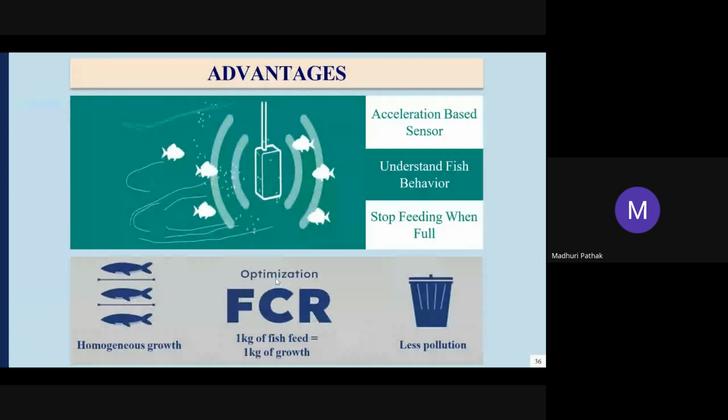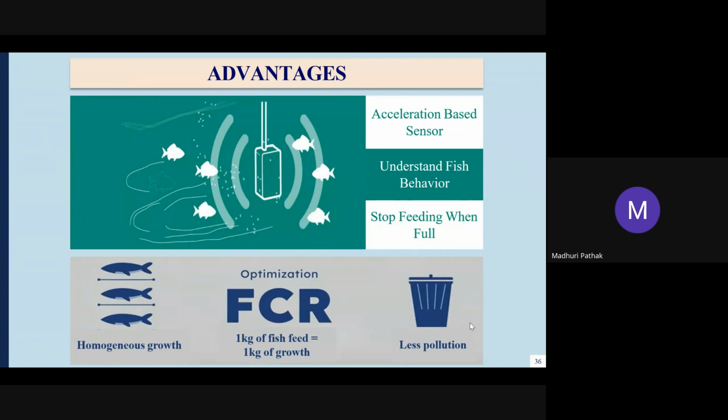So what are the advantages? Acceleration based sensor, understand fish behavior, stop feeding when they are full, homogeneous growth, optimization of the FCR, as I told, and less pollution, because feed is 20 to 30 percentage of protein, and proteins are nothing but nitrogenous compounds.